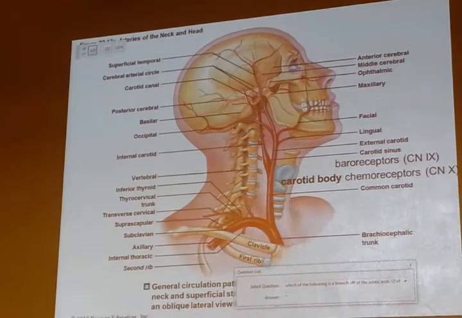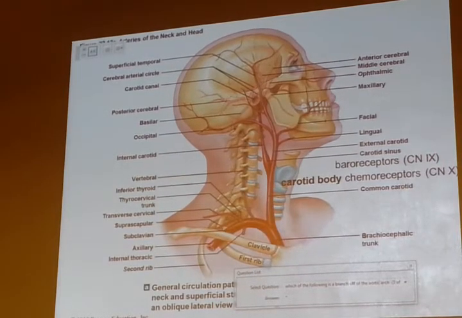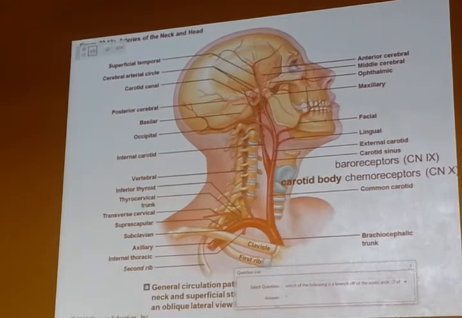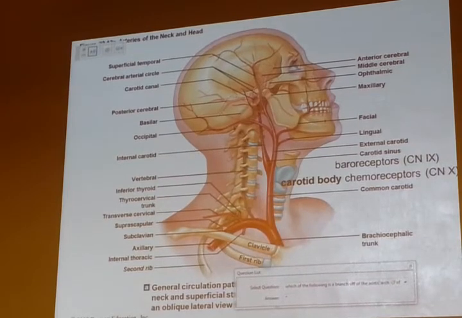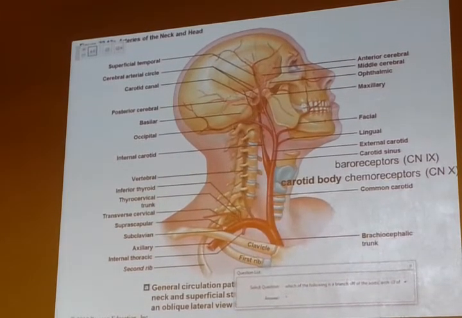It's hooked up to the glossopharyngeal nerve, and that will fire action potentials to the brainstem, to your cardiac center, and you'll make appropriate adjustments to your heart rate. If your blood pressure is going up, then you want cardiac output to go down. If your blood pressure is going down, you want cardiac output to go up.